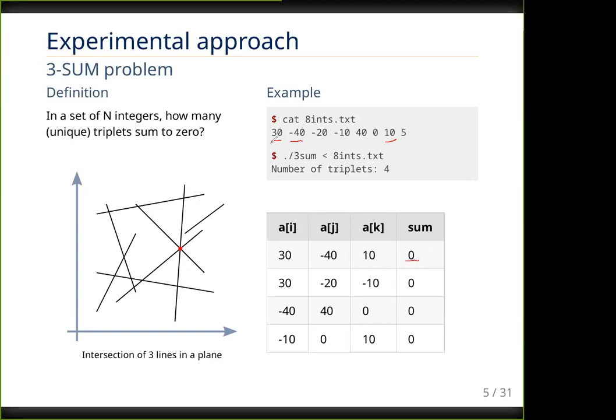We also have 30, minus 20 and minus 10. That's another triplet that sums to 0. The goal here is to identify which triplets of 3 values add up to 0, and then we count how many of them we have. So here we have 4 of them.